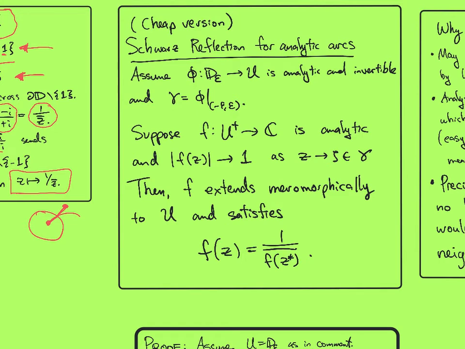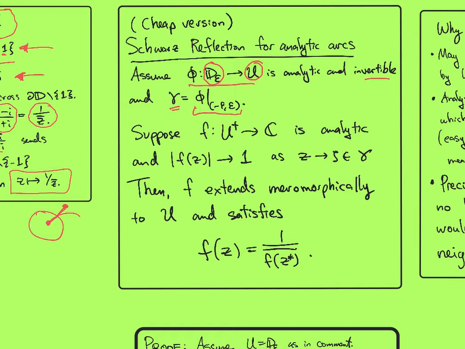where I have an analytic arc parameterized by a single analytic function. So assume phi is analytic and invertible, maps this disk of radius epsilon onto this domain U, and let gamma be the corresponding analytic arc, which is phi restricted to the real line.